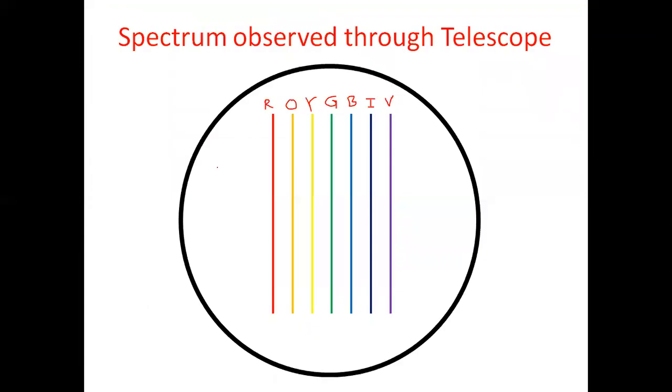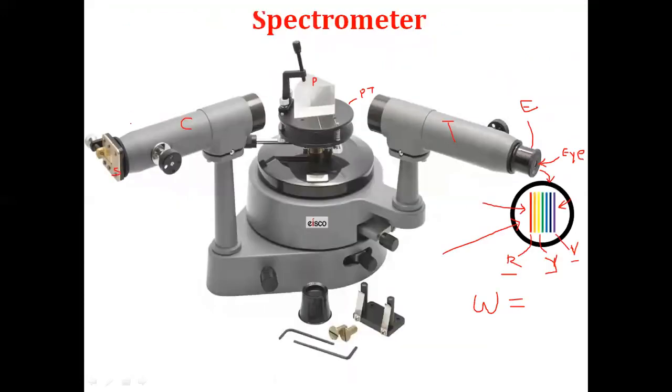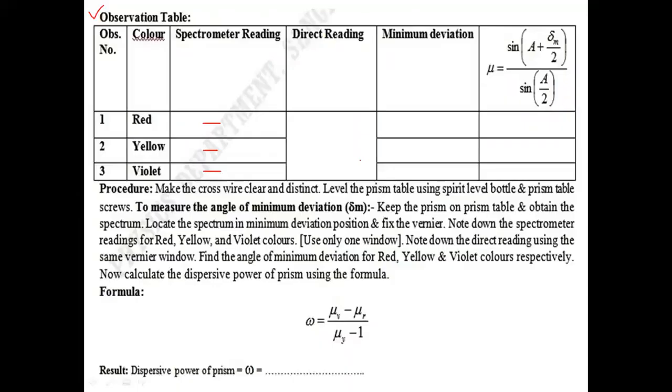So here suppose this is the red color, and you are observing it through the eyepiece. Suppose this is the cross wire, and adjust the red color on the cross wire, and then observe the reading on the spectrometer through this window, so that you can have the reading for red color, then for yellow color, then for violet color.